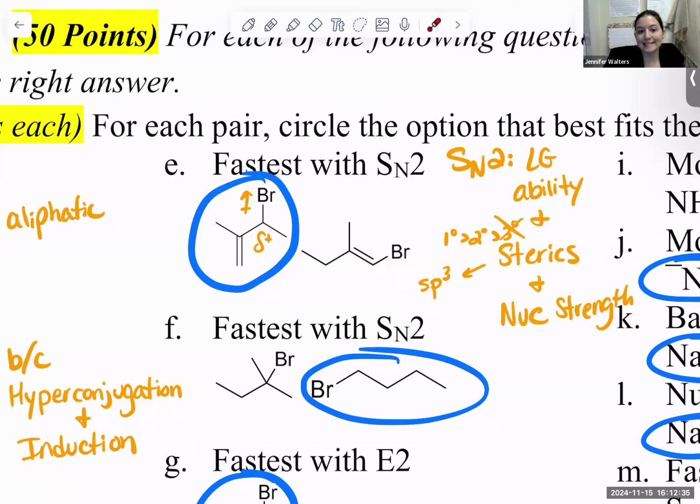So sp2 has less p character, meaning I have fewer p orbitals added in. So I only had 2 p's as opposed to 3 p's. So it has less of that dumbbell shape, like it's less distorted coming out. So that means I'm going to get a stronger bond. So the stronger bond is going to be harder to break.